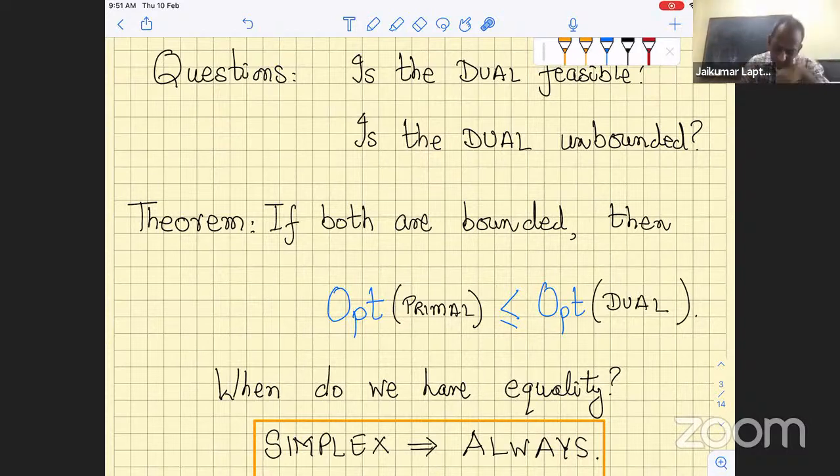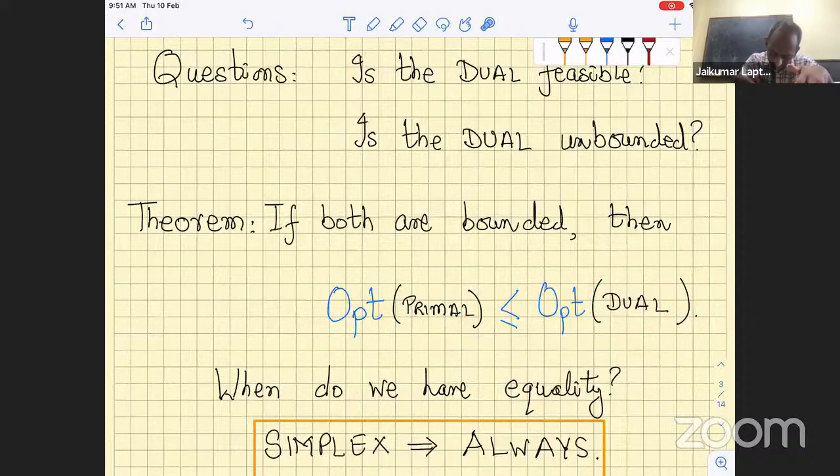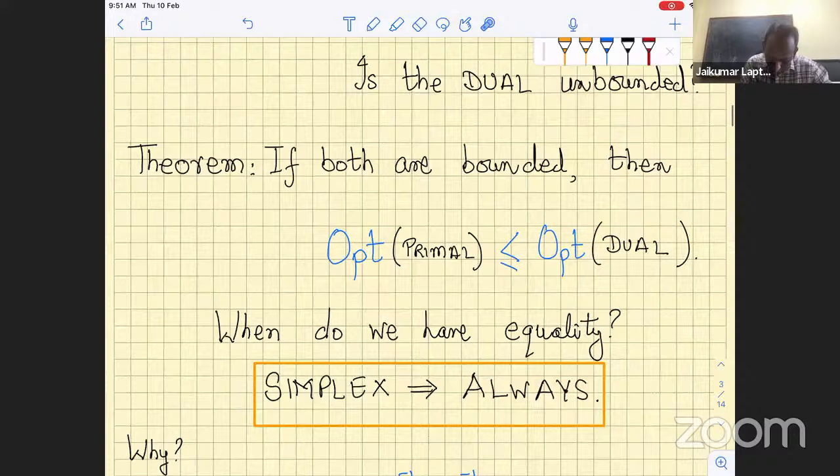And then we will be able to make this statement: the optimum of the primal is related to the optimum of the dual, which is what I was struggling with earlier. If both are bounded, so their optimums exist, then this is the relationship. Even though this is a maximization problem, the max version is less than the min. It seems to go the wrong way, but that is what it is.